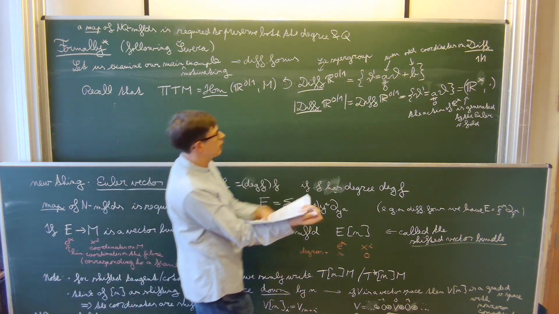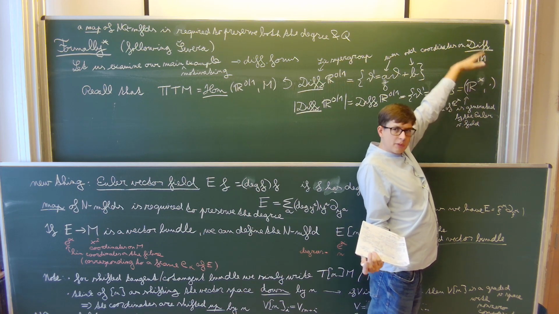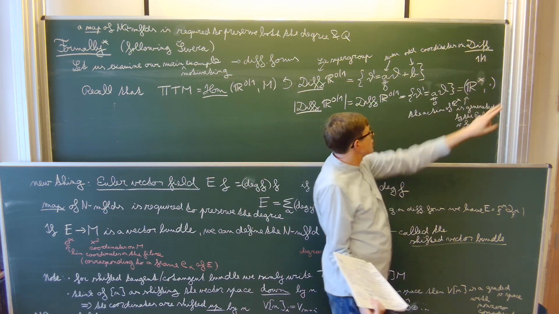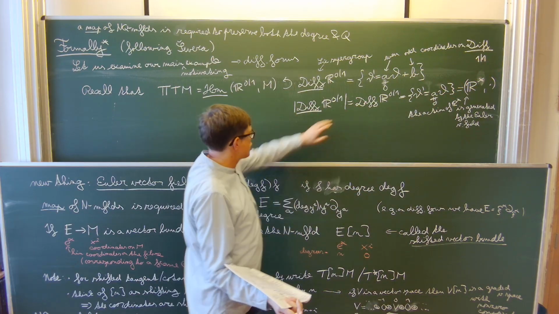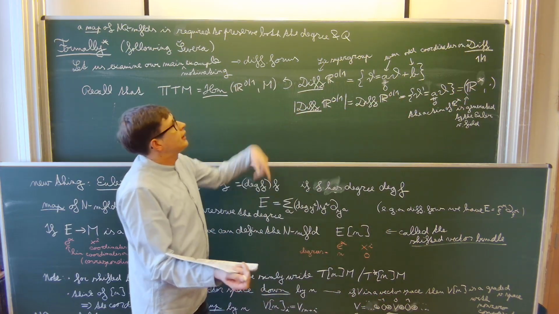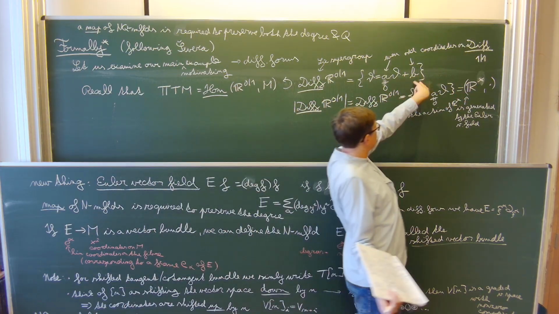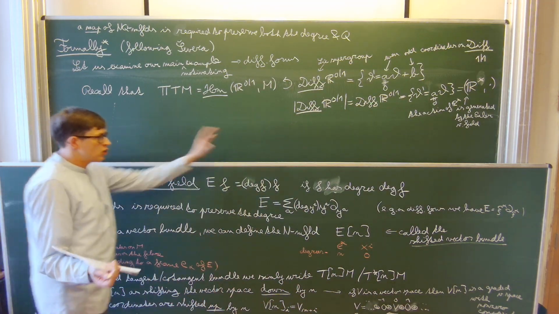Okay, so if you remember before that we said that this is some complicated space, but on the infinitesimal level, this corresponds to a Lie superalgebra, which has two generators, one even and one odd. And the even generator, which is the generator of this even part of the supergroup, generated the Euler vector field, and the extra odd guy generated the de Rham differential. But for now, let's just remember the first part.